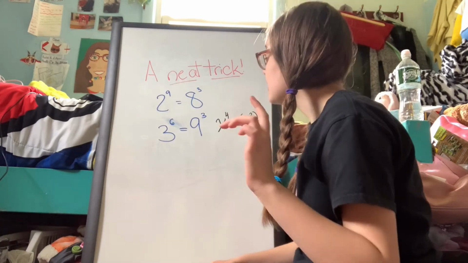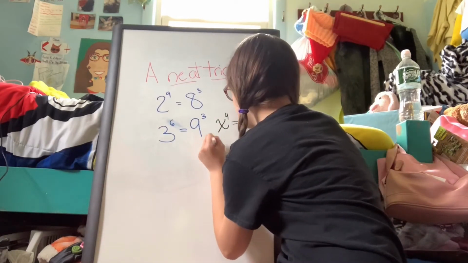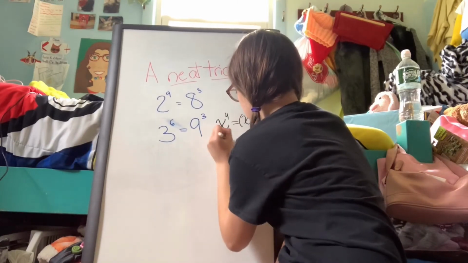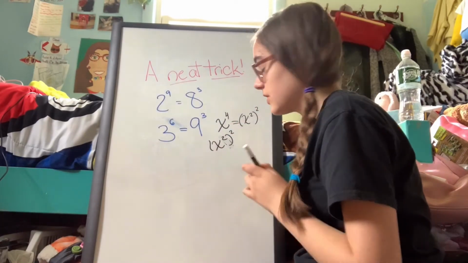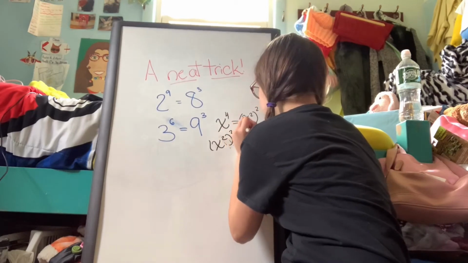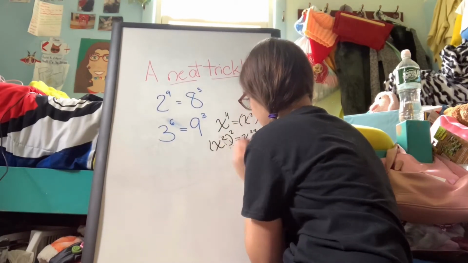Which actually makes sense because x squared to the square, if we follow the rules of multiplying exponents, we would just get x to the 2 plus 2, and that would be x to the 4th.